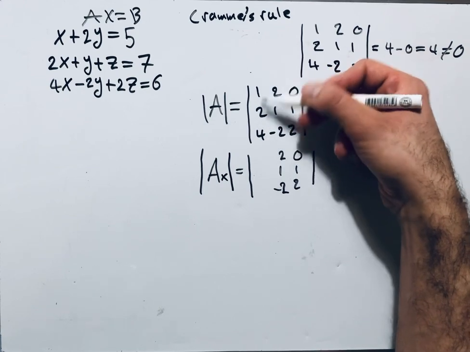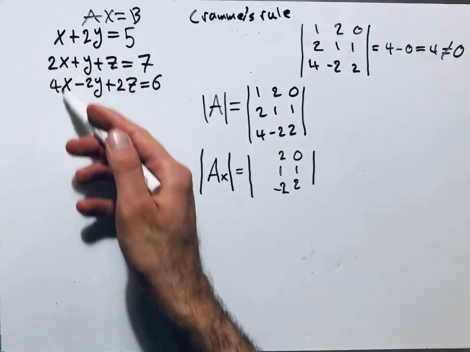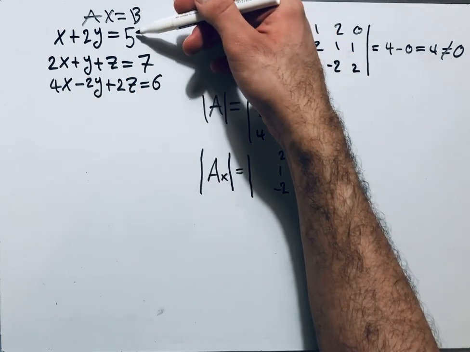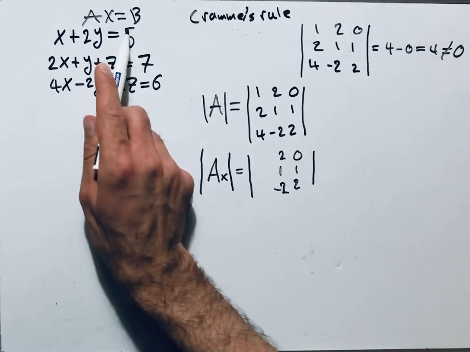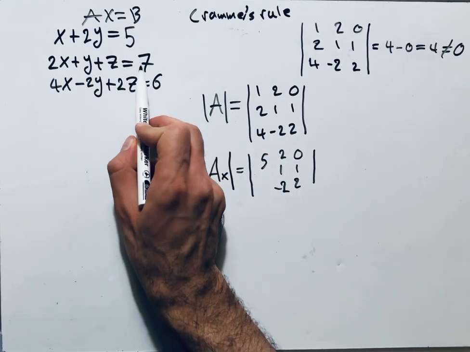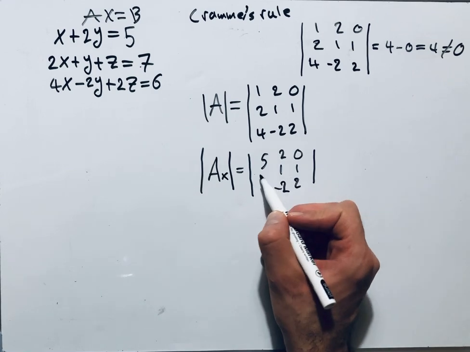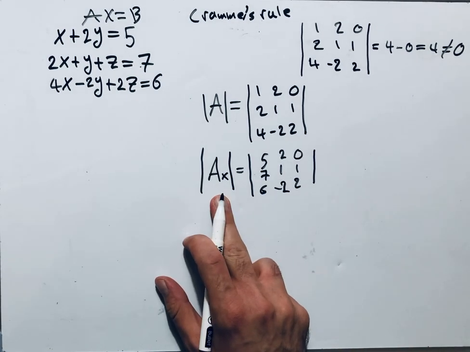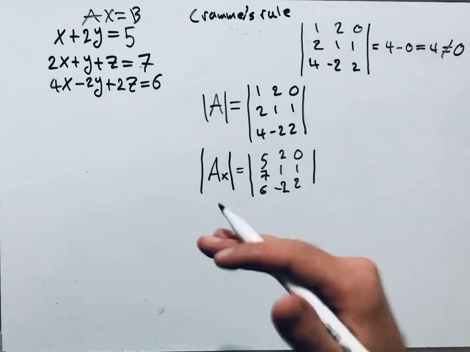These are the coefficients of x, so we're going to replace them with the numbers on the other side, the numbers in matrix B. So 5, 7, and 6. Okay, so this is A sub x, the determinant of that.